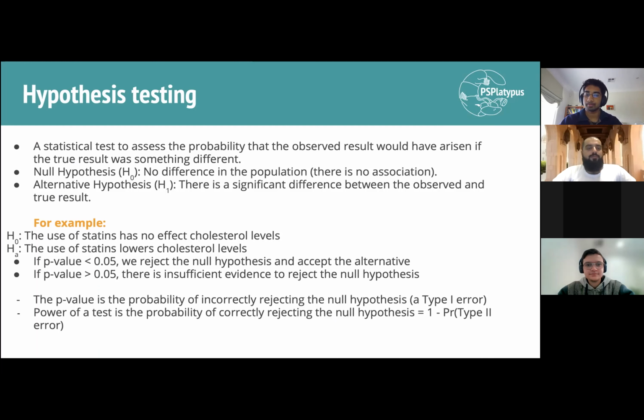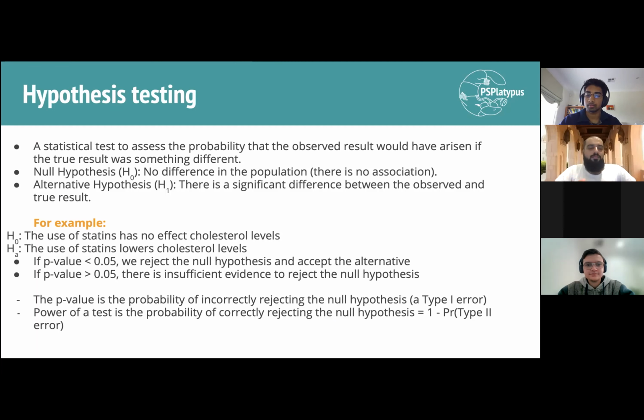There's something called the p-value, which is the opposite of the CI value that we've talked about.